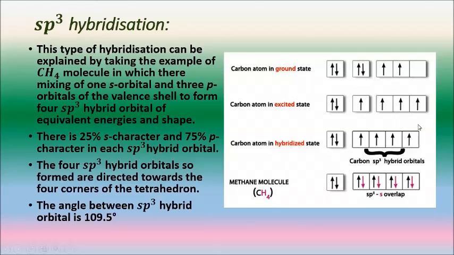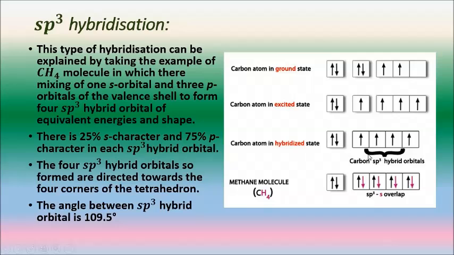As we know, in methane, 4 hydrogen atoms are there with 1 carbon. Each unpaired place is occupied by the opposite spin of hydrogen. That means there will be overlapping of the s orbital of hydrogen with the sp3 hybrid orbital of carbon.